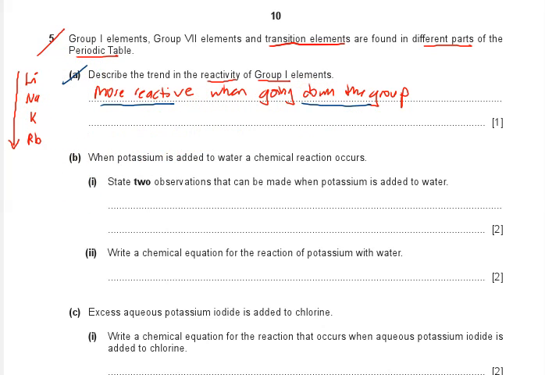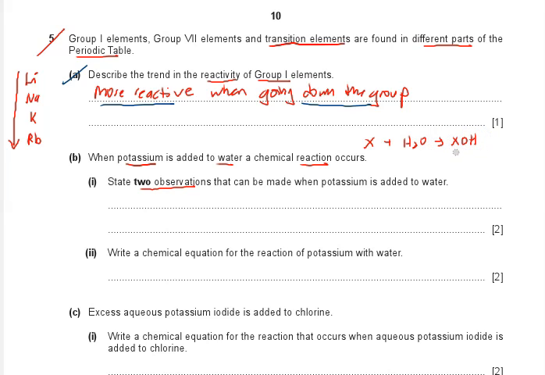Now we go to 5B here. When potassium is added to water, a chemical reaction occurs. State 2 observations that can be made when potassium is added to water. For information, any Group 1 element with water will give you Group 1 hydroxide.